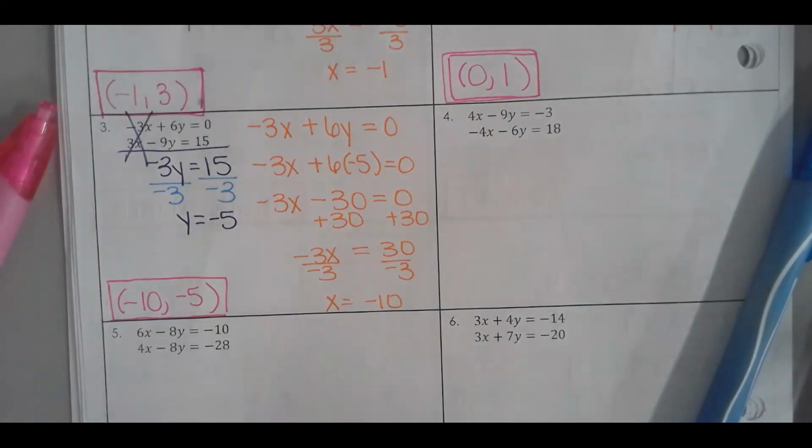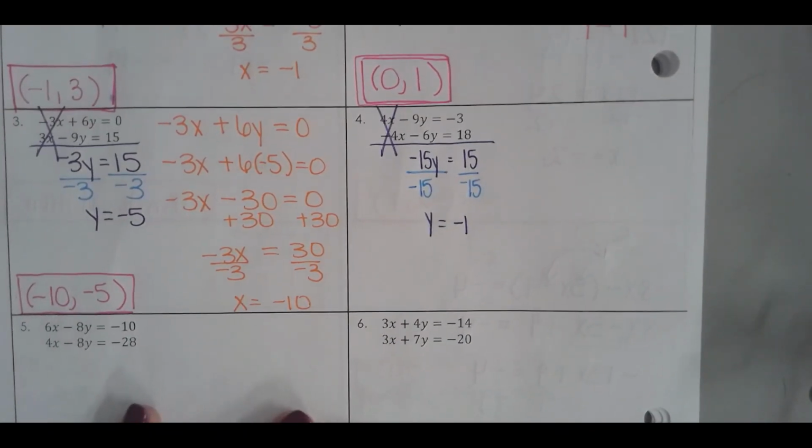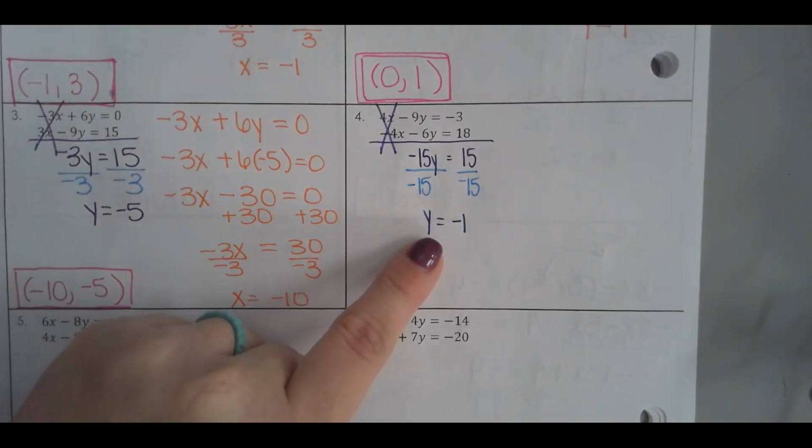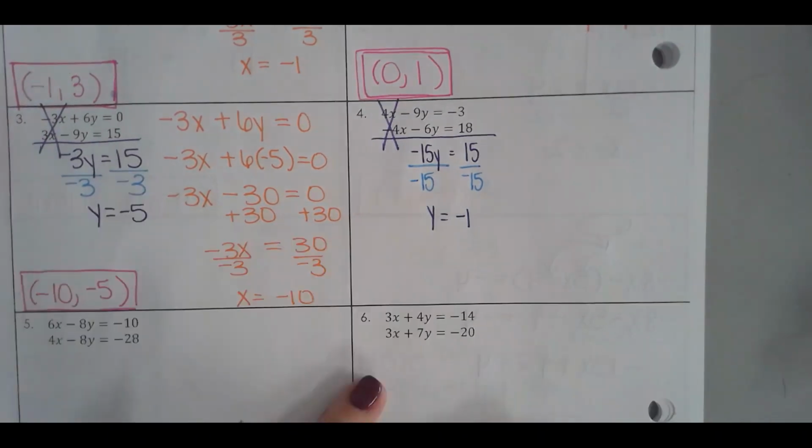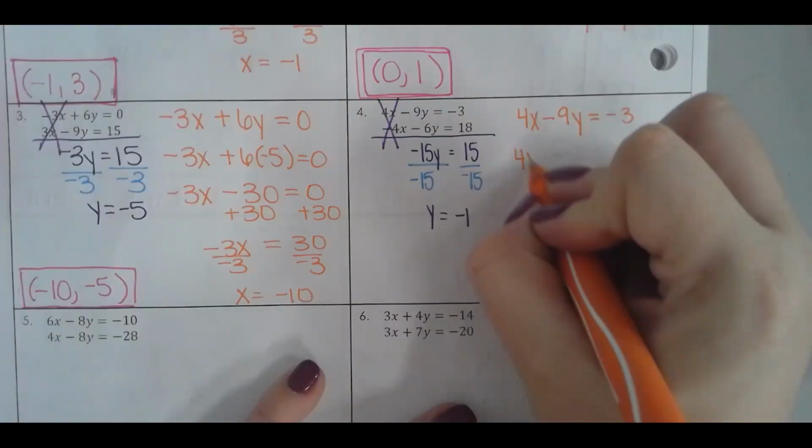I want you to do number 4. I think I saw almost everybody get to at least y equals -1. The people that were making mistakes, it came in when you multiplied. Okay, 4x and y equals -3. We seem to have been picking the top one always, but you can pick either. x minus 9 times -3. I got -9.